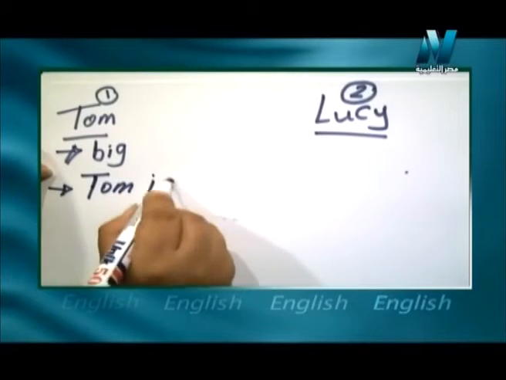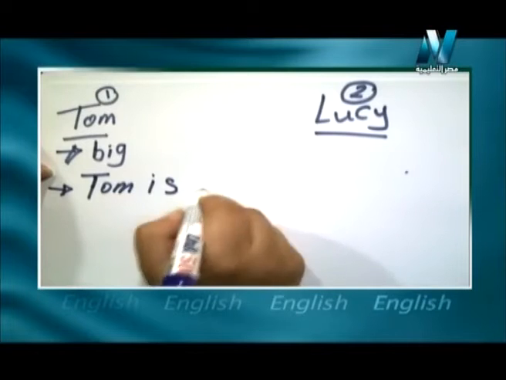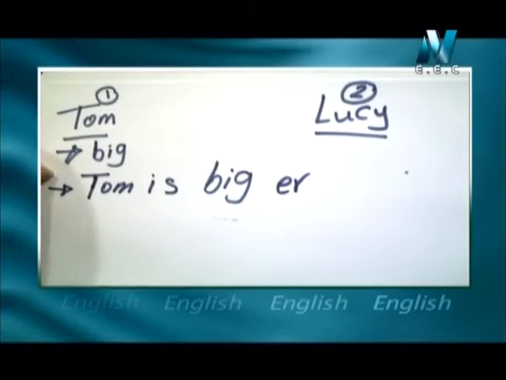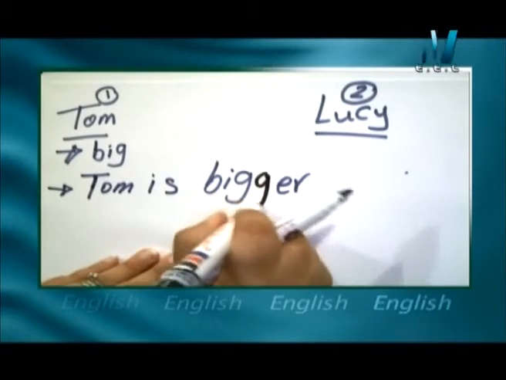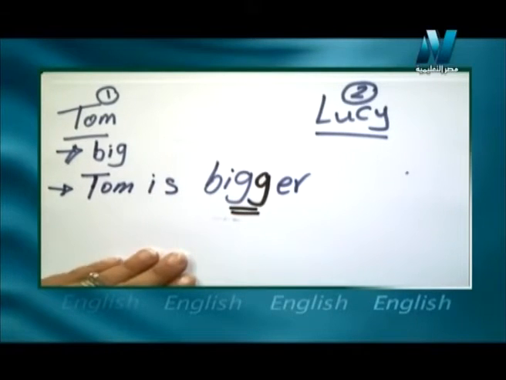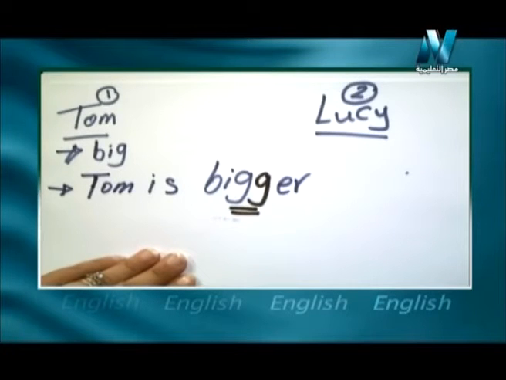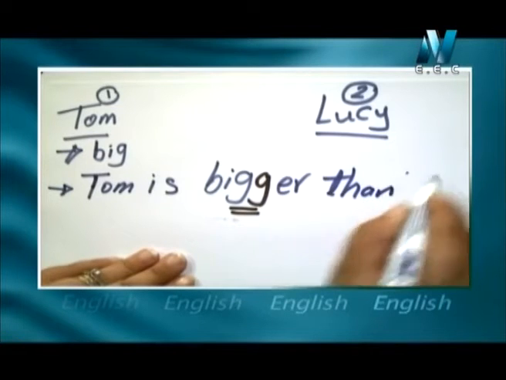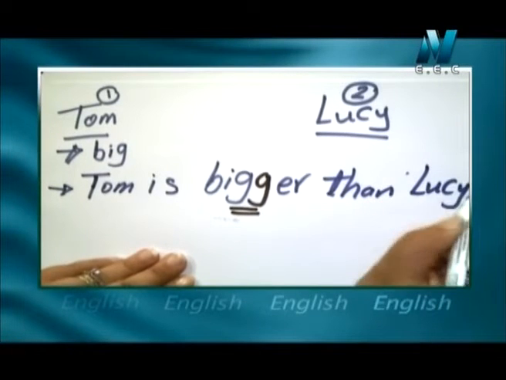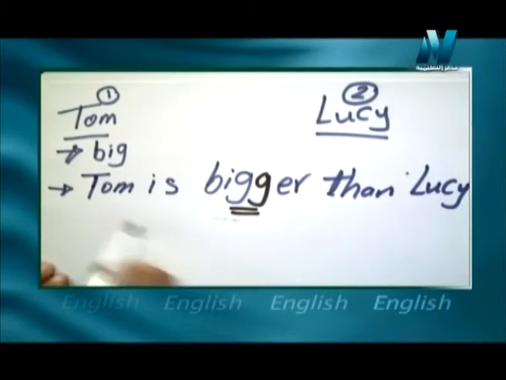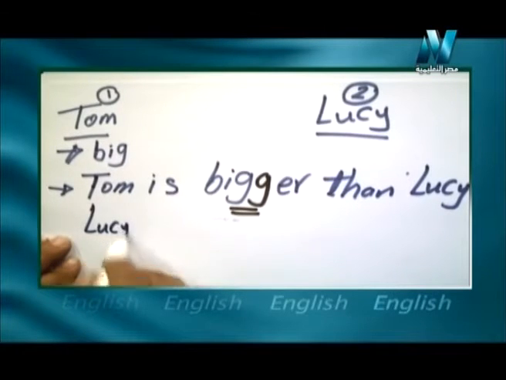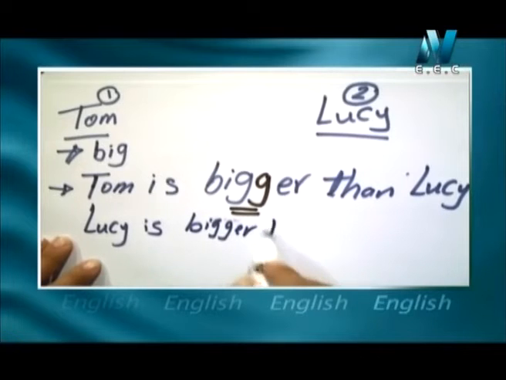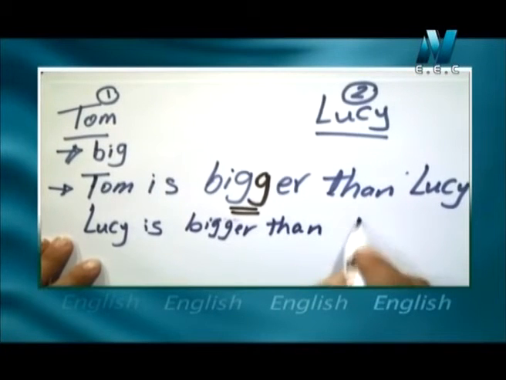Verb to be is the adjective plus ER, but I'm going to put the G again because it's a CVC word, CVC adjective. Tom is bigger than Lucy. And if I say that Lucy is the bigger one, I would say Lucy is bigger than Tom.